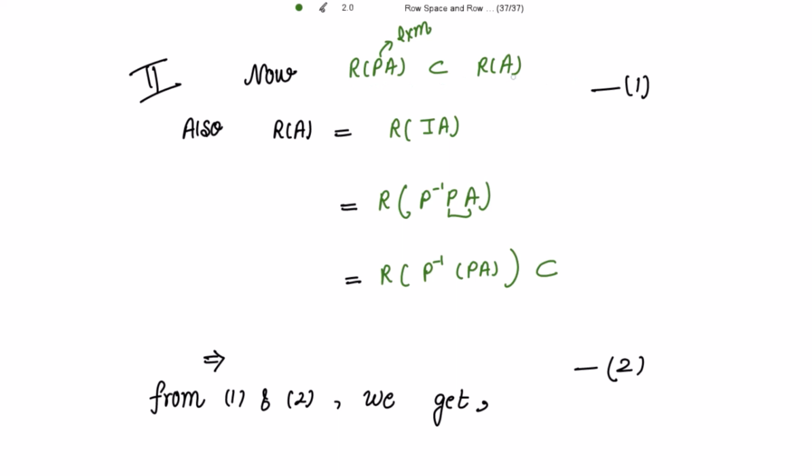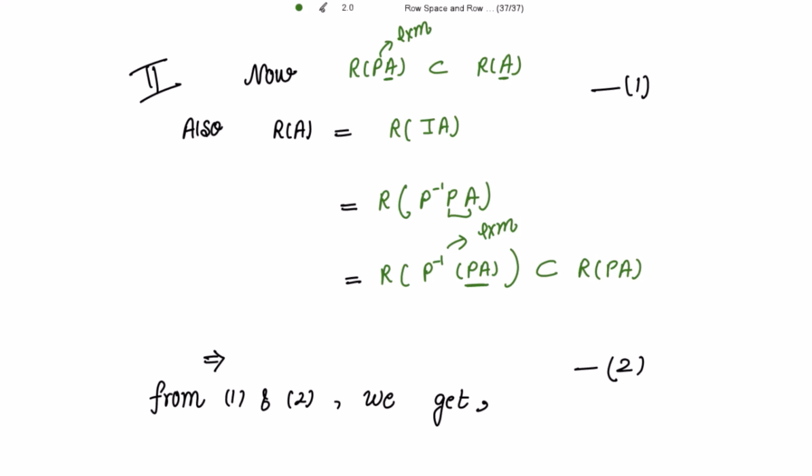The first result says that the row space of PA is a subset of the row space of A, right? Where P is your l by m matrix. Here, the row space of P inverse PA is a subset of the row space of PA, yes, where this P inverse is also an l by m matrix. If P is an l by m matrix, its inverse is also an l by m matrix.